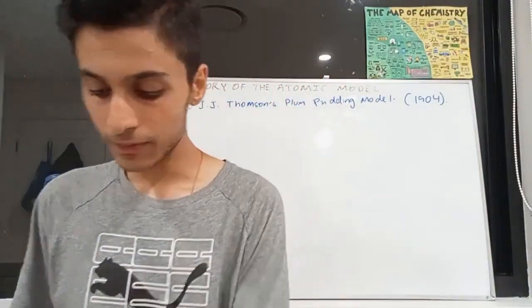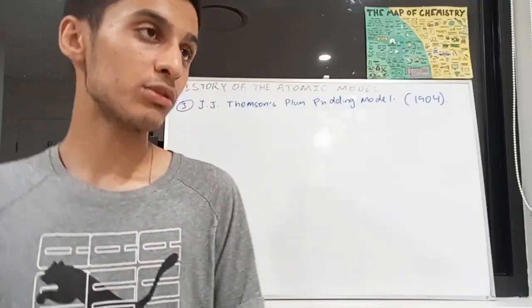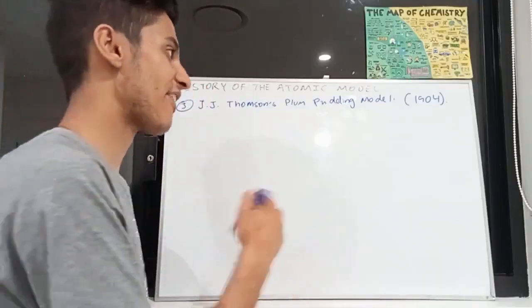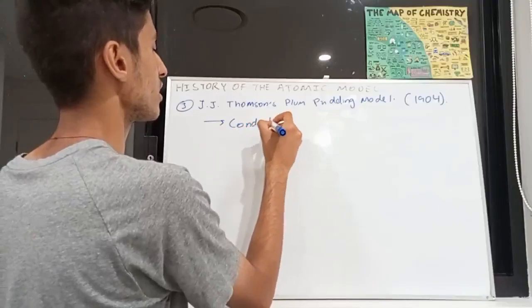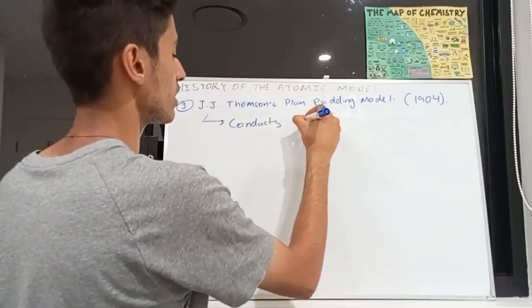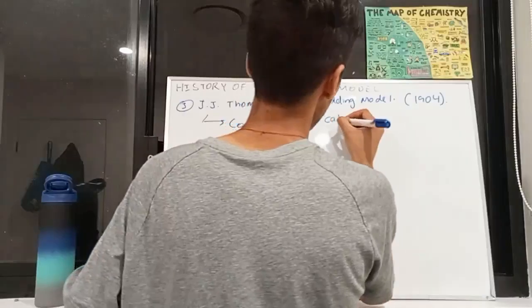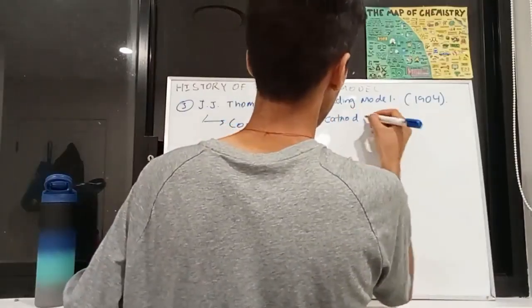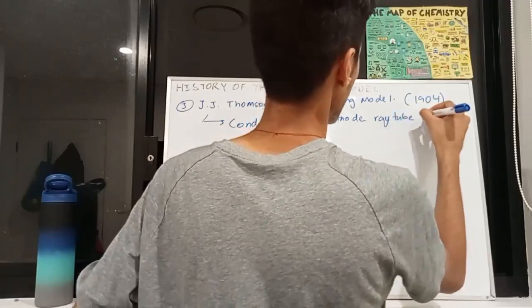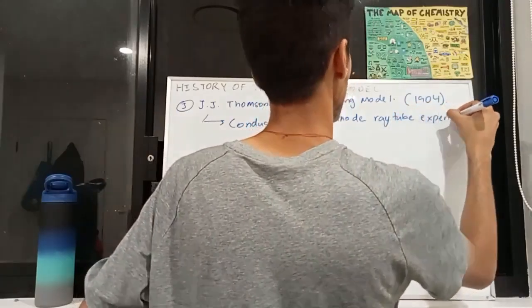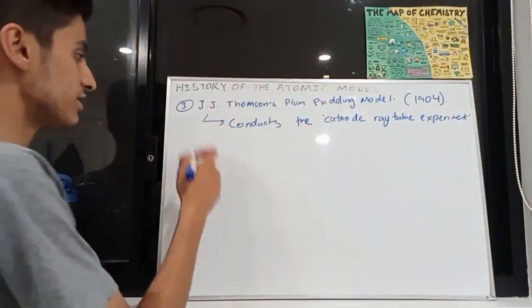Okay, so the story starts with JJ Thomson conducting the cathode ray tube experiment. Then he discovers the electron.